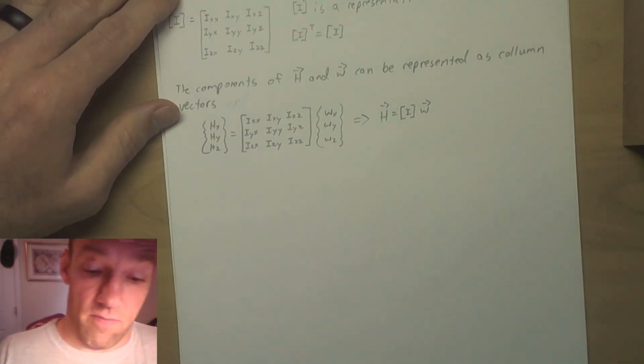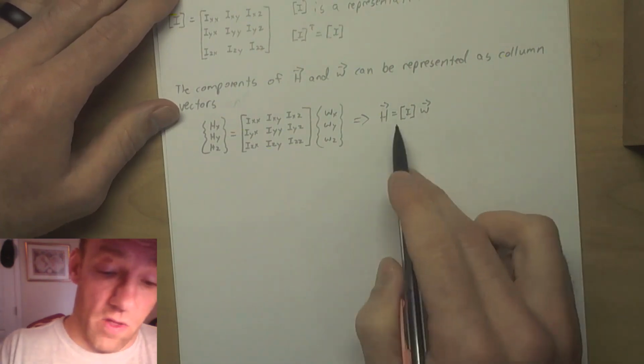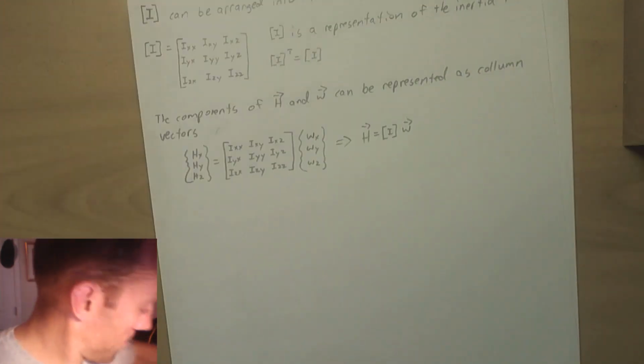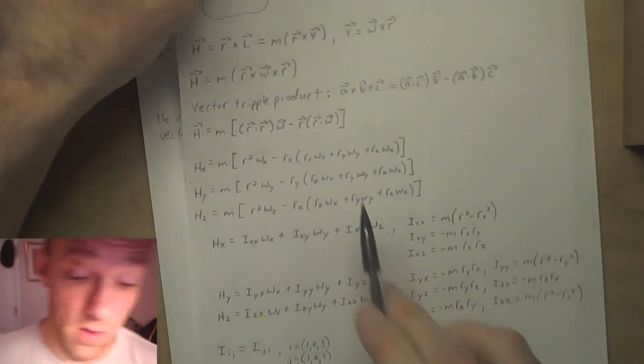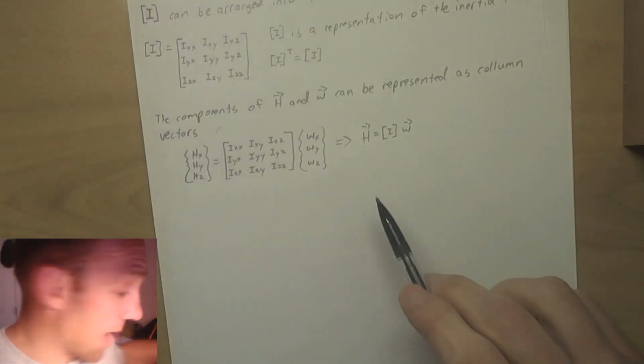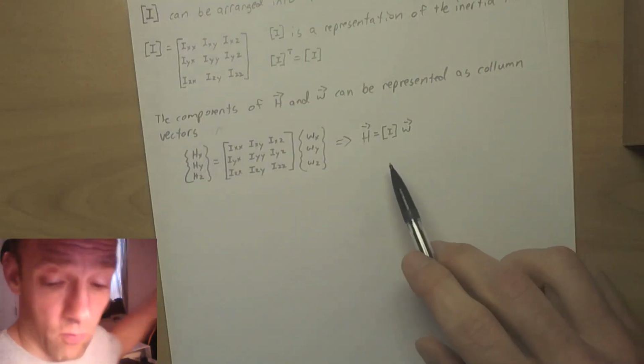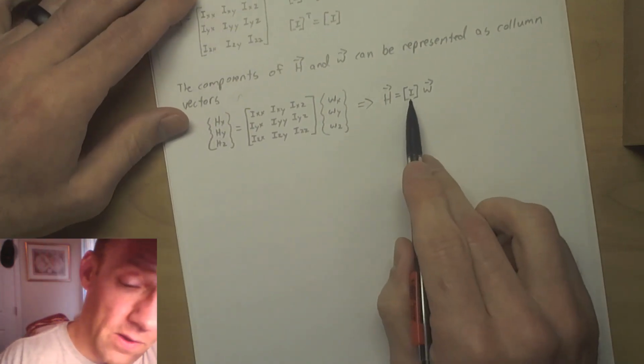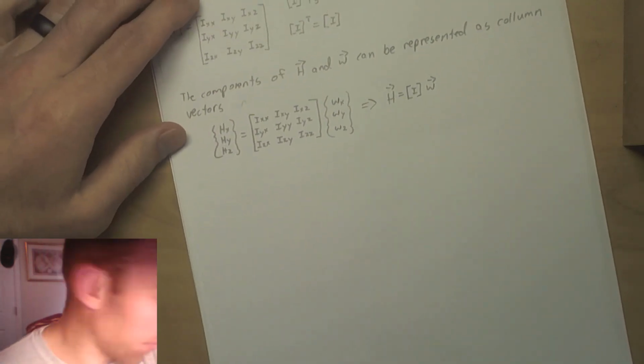This is just a simpler way of writing this statement, and I think a much more intuitive and powerful way of doing it. So now the question is, how do we find I?